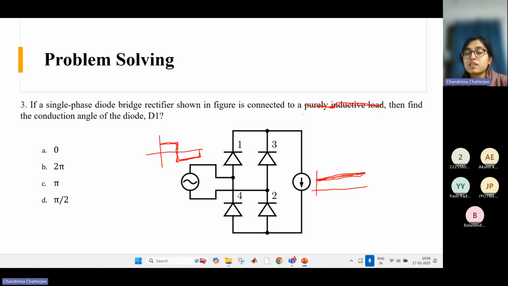So here again, this diode and this diode conduct in the positive half cycle, and this diode and this diode conduct in the negative half cycle. So what is the total electrical angle? The total electrical angle is 2 pi, that we already discussed. This angle is 2 pi.